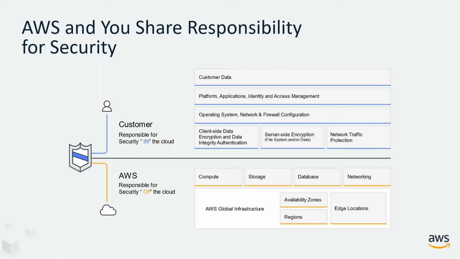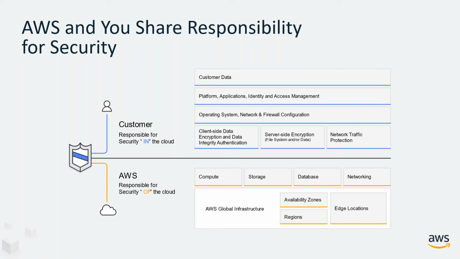And then the customer's responsibility is everything you sort of put on the cloud. So whatever you put in our systems is what you need to secure. So for instance, AWS, you can run a PCI application on AWS, but just because we can run it there doesn't mean your application is necessarily secure.